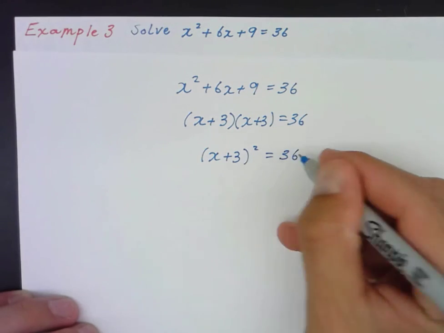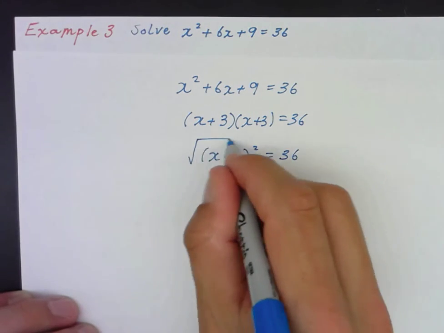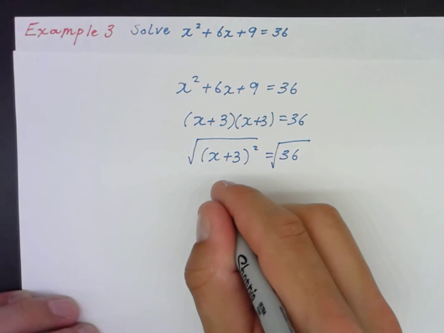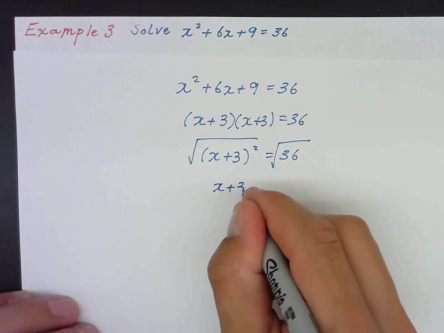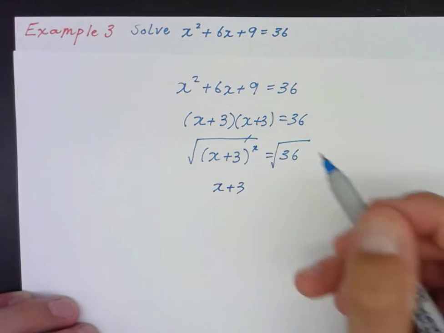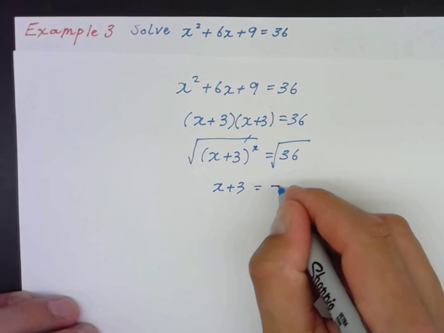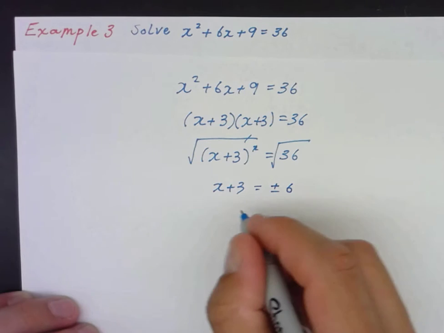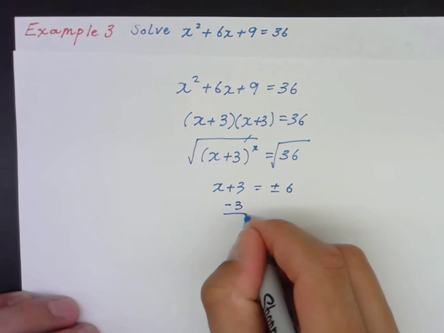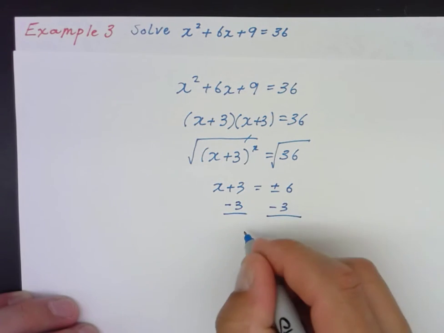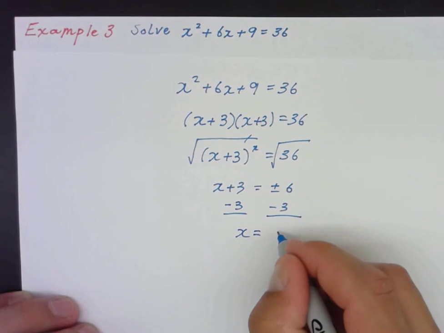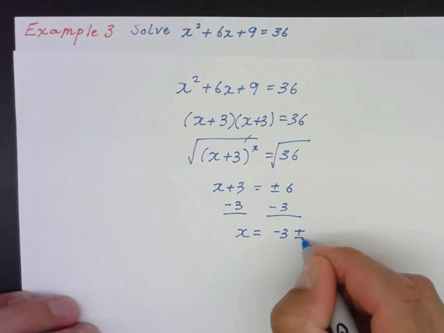Now here comes the square root property. Square root both sides. So that means we get x plus 3, right? Because the square and the square root simplify out. And the square root of 36, that's a perfect square. You get plus or minus 6. So now just subtract 3 from both sides. So you get x equals negative 3 plus or minus 6.